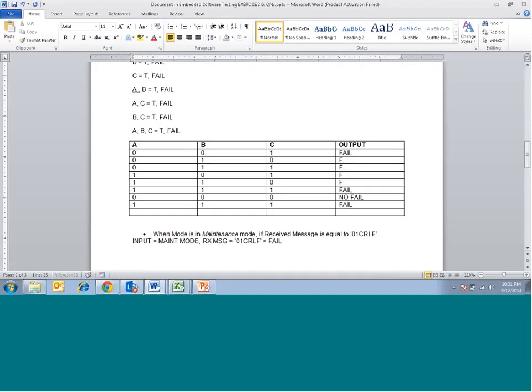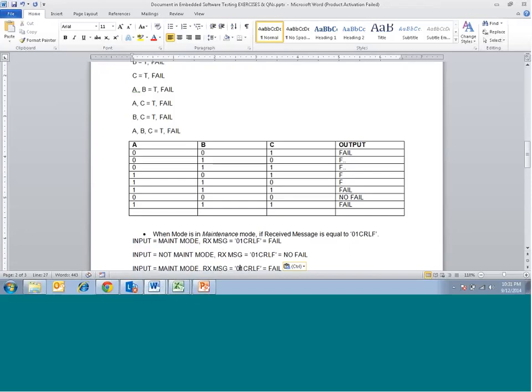The next condition within this test case, input mode is not maintenance mode. We don't know what mode it is. So it will become no fail, correct? Because we are not all there in that actually. The next one, input is in maintenance mode, but the received message is not 01 CR.